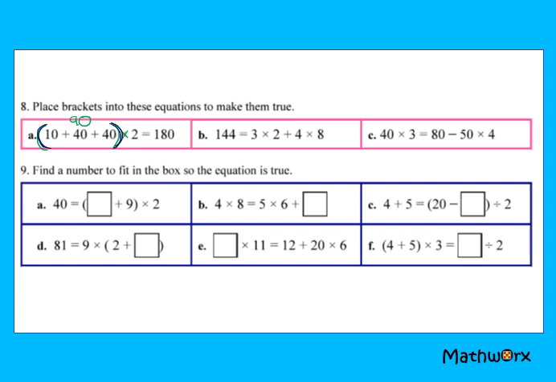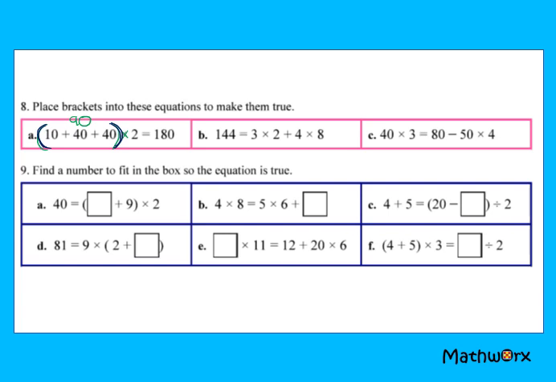Okay, let's look at B. We have 144 equals 3 times 2 plus 4 plus times 8. Now, how do we get 144? We have to try and remember it's like 12 times 12 or 2 times another number, or let's say if 3 goes into 144.